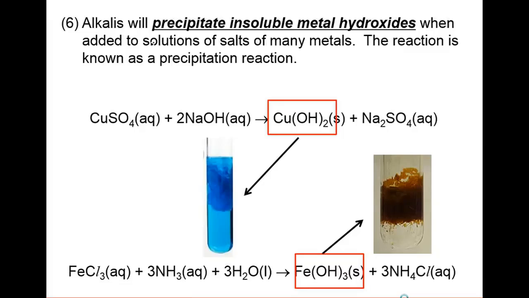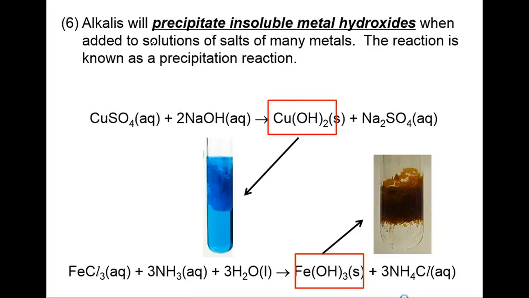This next property of alkalis is widely applied in QA. So we add sodium hydroxide, or we add NH3, ammonia, to precipitate out some metal ions, and based on the color of the precipitate, we can deduce what metal ion is present.